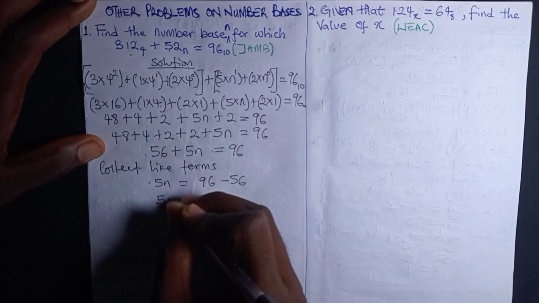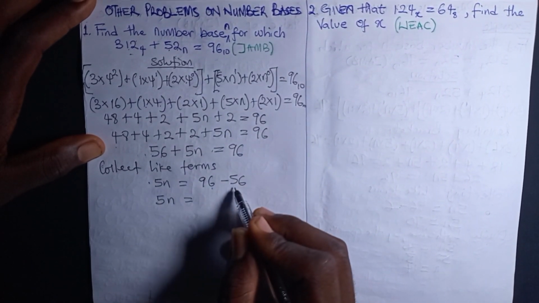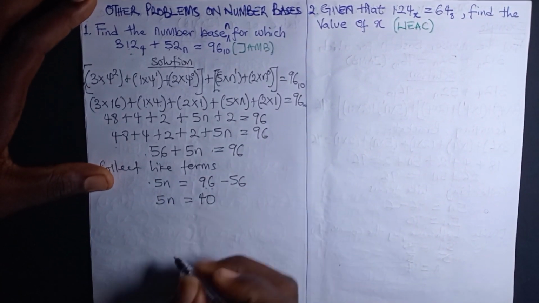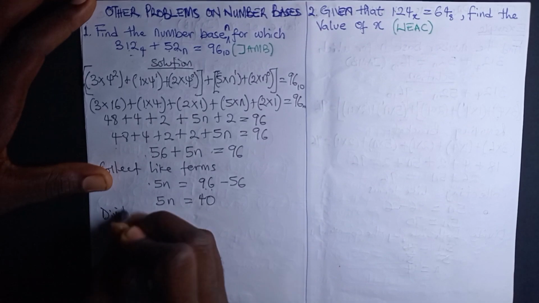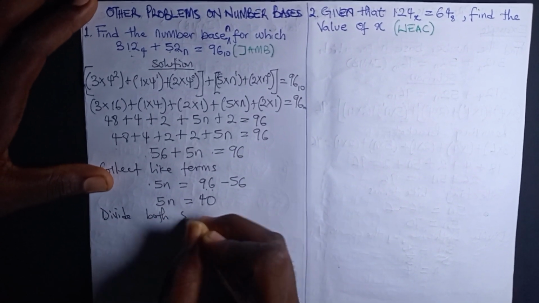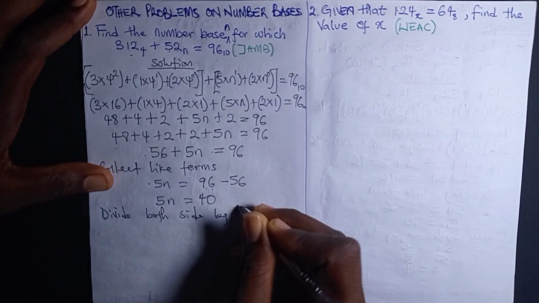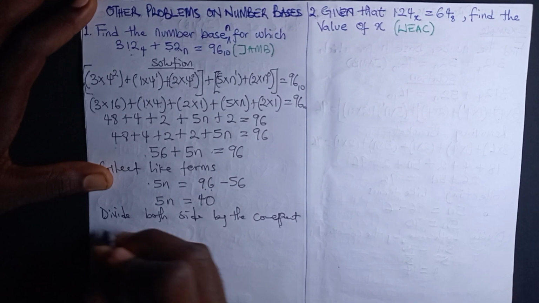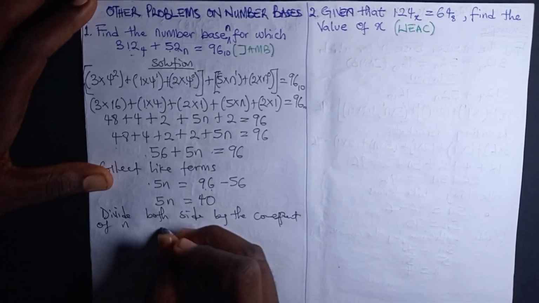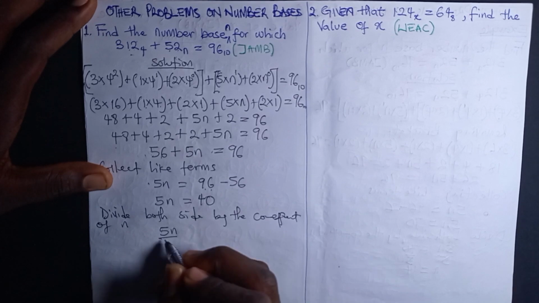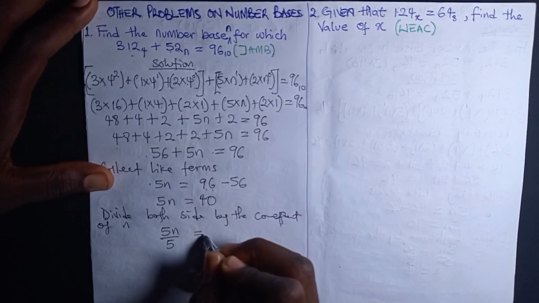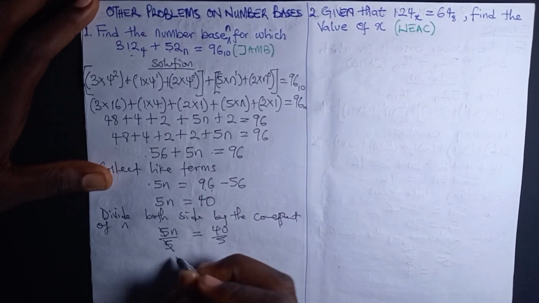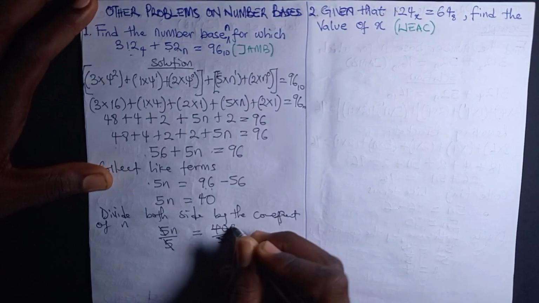So you have 5n is equal to 96 minus 56, which is 40. If we divide both sides by the coefficient of n, you have 5n over 5 equal to 40 over 5. 5 goes into 40 gives you 8.